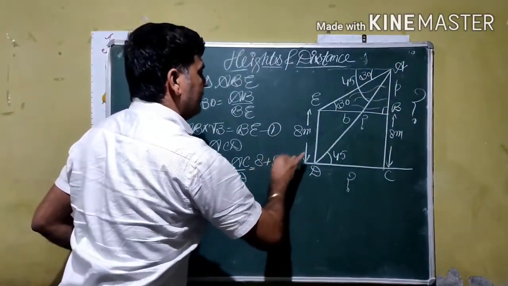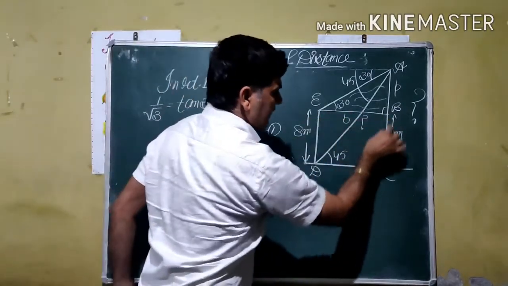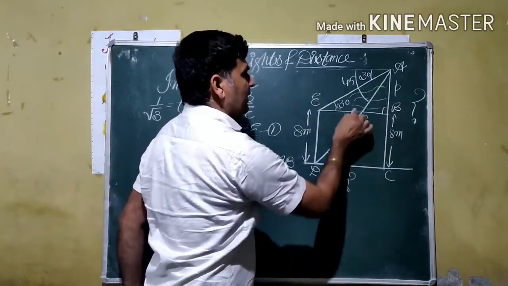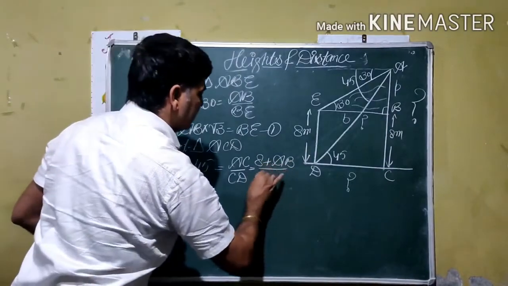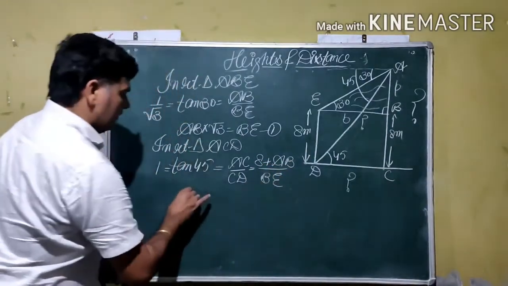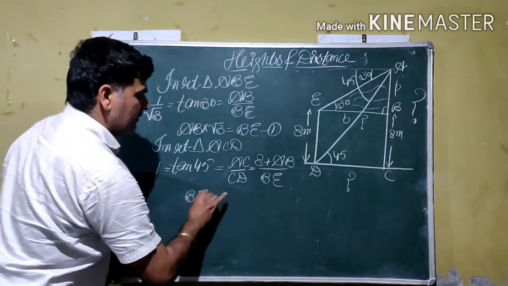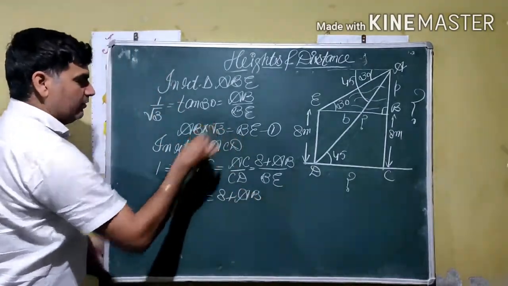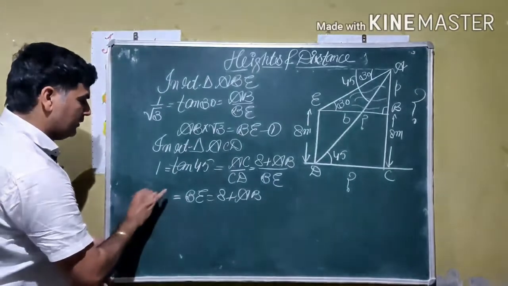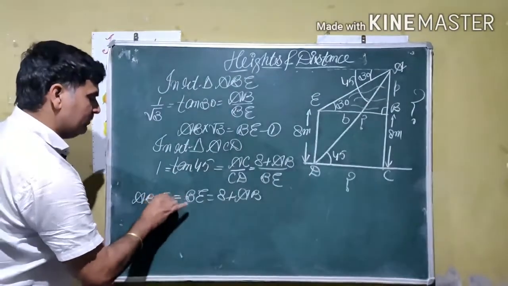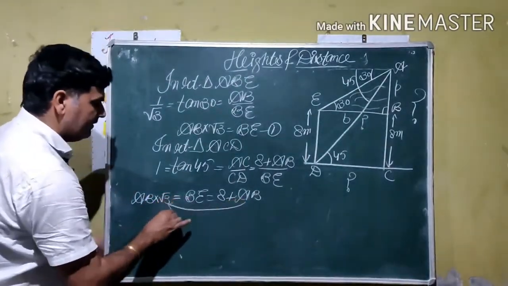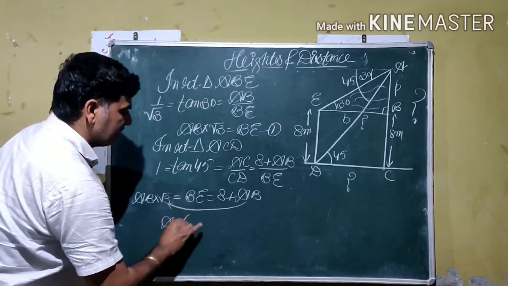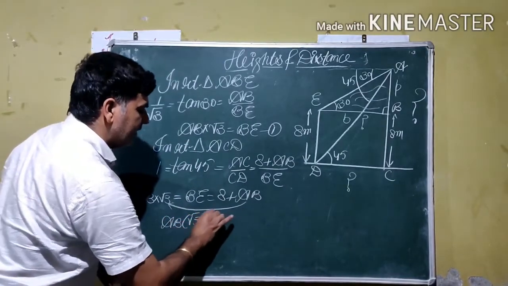And CD, since this block is a rectangle, CD and BE are equal, so we change this by BE. By cross multiplying, BE becomes equal to 8 plus AB, and the value of BE is AB multiplied by square root 3. By simplifying, if we shift AB to the left, AB is common: AB times (square root 3 minus 1) is equal to 8.